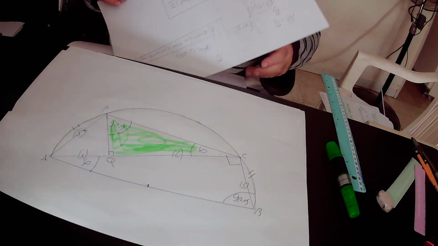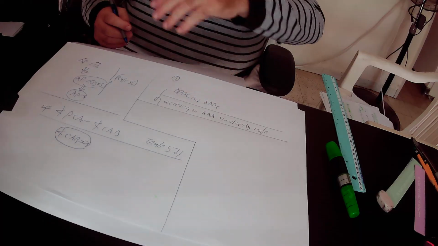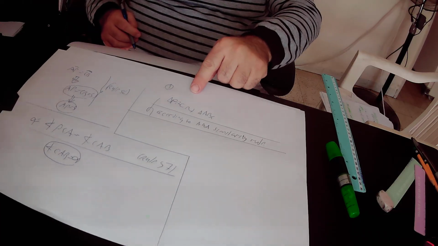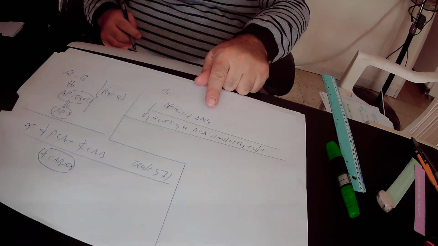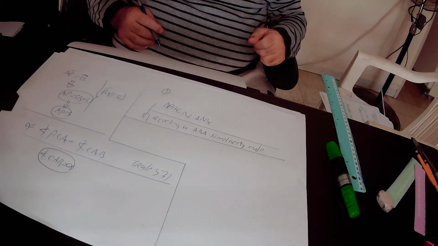And again, I should remember that the green right triangle PQC is similar to the right lower triangle ABC according to the angle similarity rule.